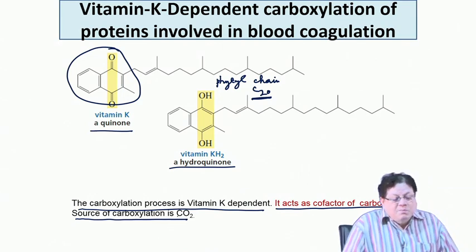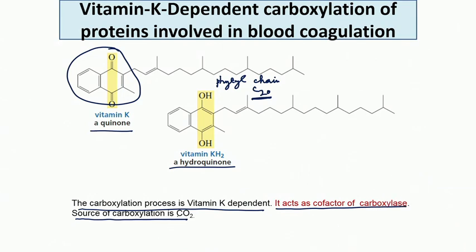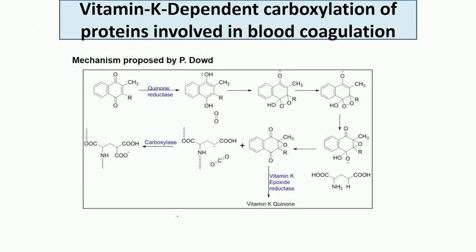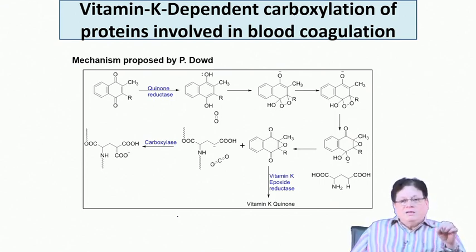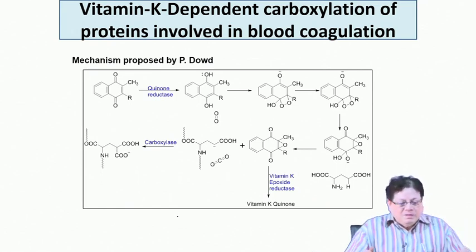So, let us see the mechanism of that reaction. Just to remind you, what we are discussing is how these glutamic acid residues are gamma carboxylated with the help of vitamin K as the coenzyme.